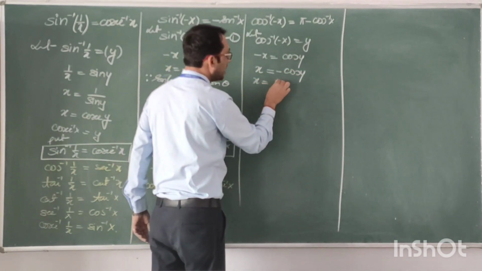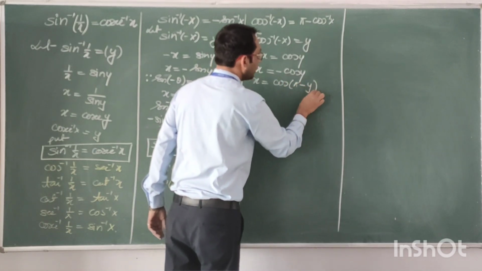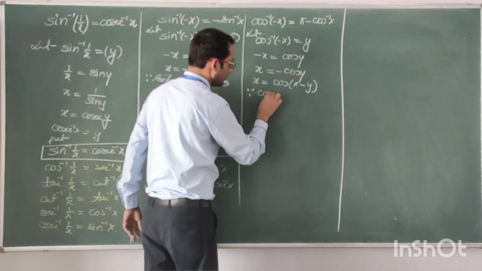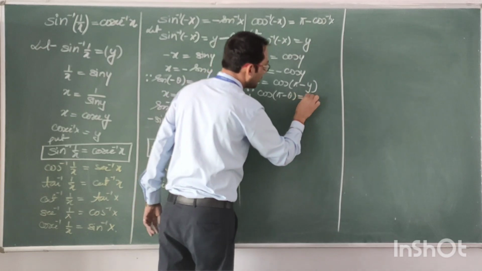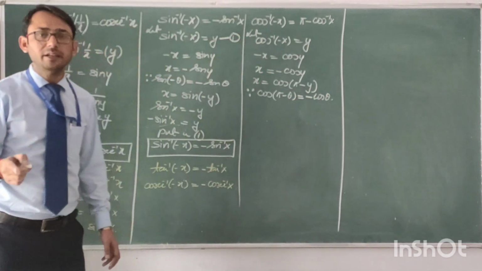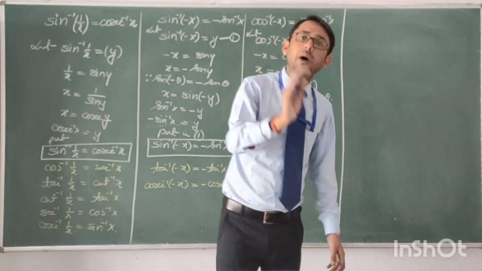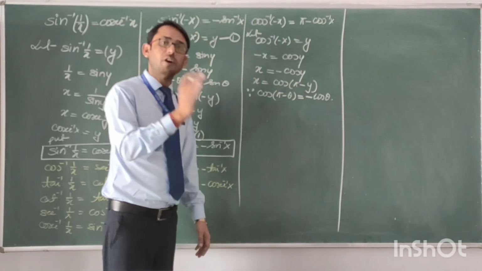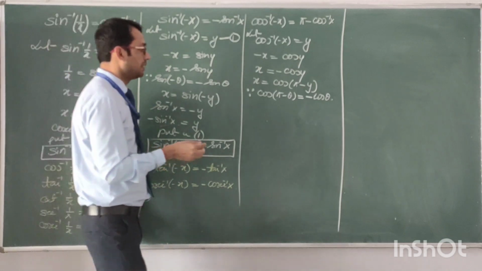X can be written as cos of pi minus y, since cos of 180 minus theta equals minus cos theta, and keep in mind cos lies between 0 to pi, so it must be less than or equal to pi. We cannot go beyond the second quadrant.